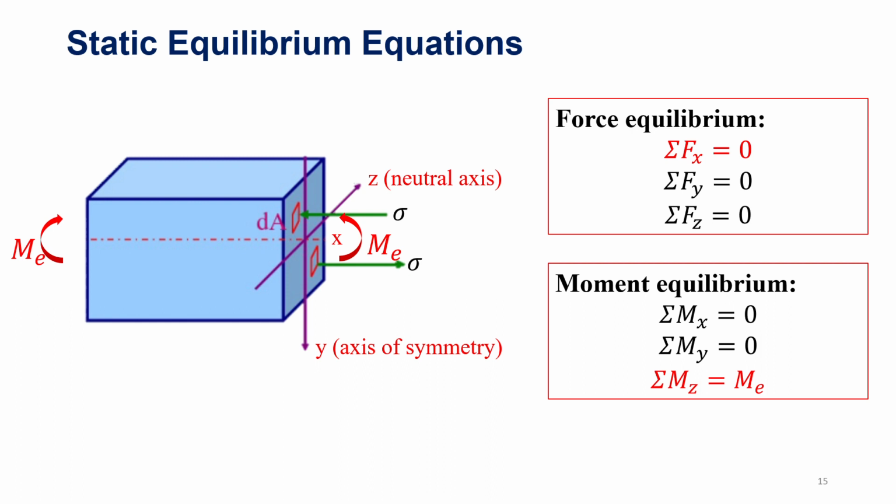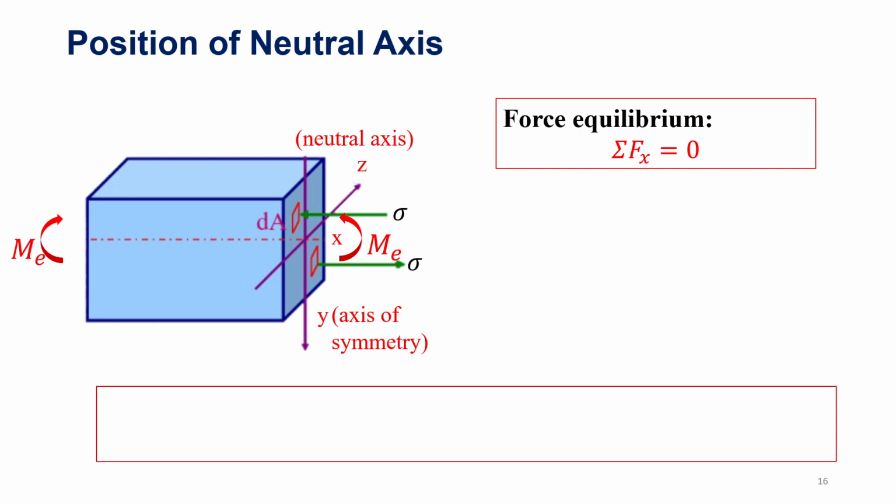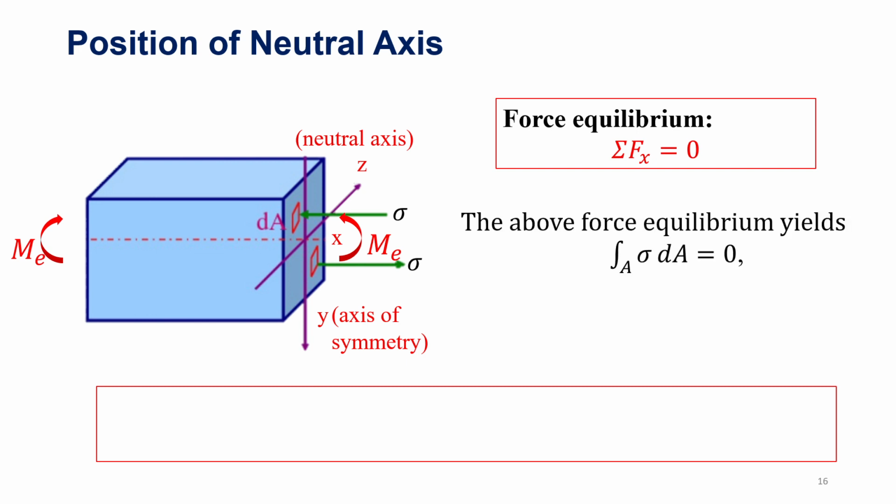If we consider the static equilibrium equations of this segment, there are still six equations, three for force equilibrium and three for moment. Looking at force equilibrium first, in the x direction the overall force equals 0. This yields that the integral of sigma over the area equals 0.